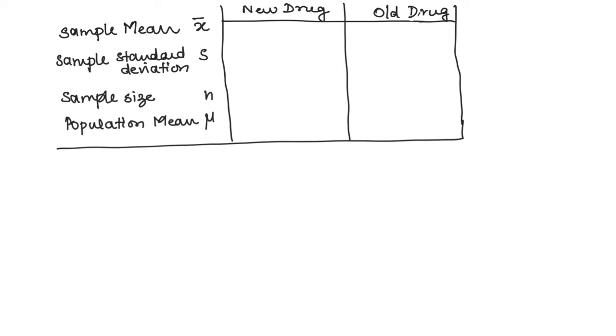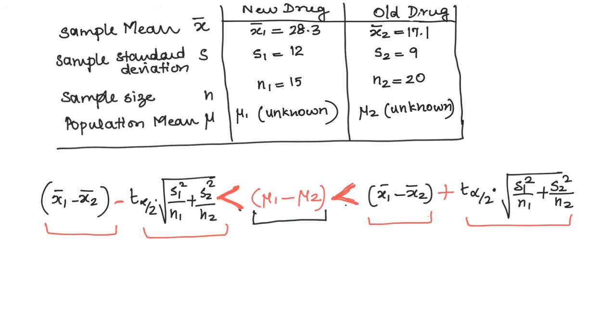I'm going to make a table with information for the new drug and old drug: sample mean, sample standard deviation, and sample size, so that it will be easier to substitute into the formula. If you look at the formula, we already know x1 bar and x2 bar, those are here, and we can substitute the variance for each one. We know n1 and n2, but we don't know this.